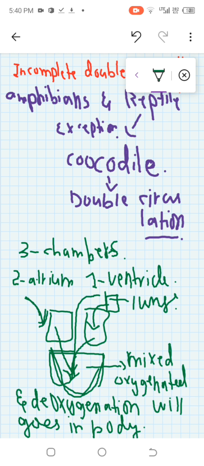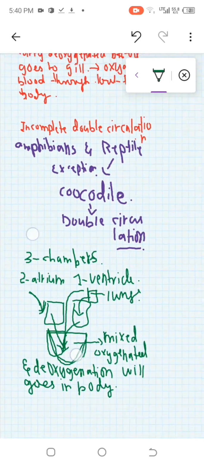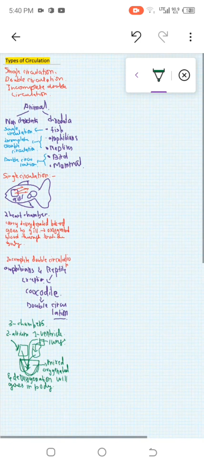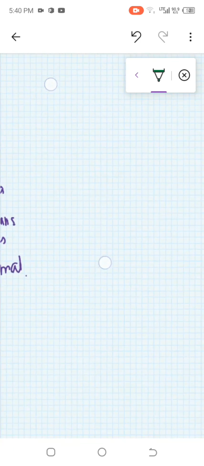Now we are coming towards double circulation, which takes place in humans and birds. What basically is double circulation?